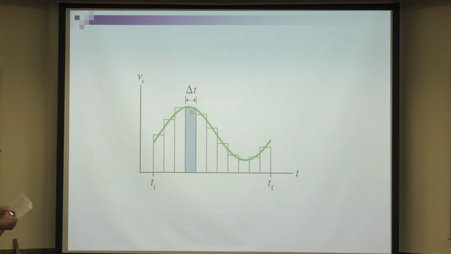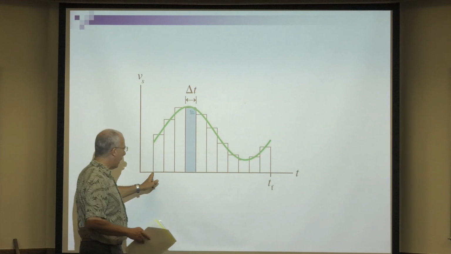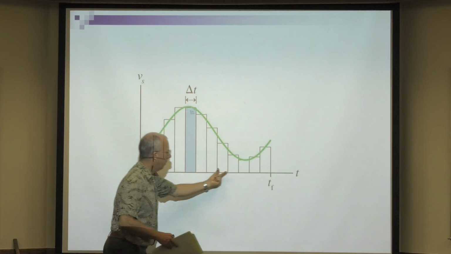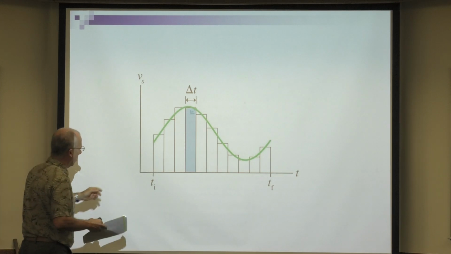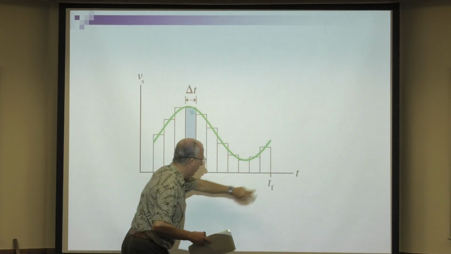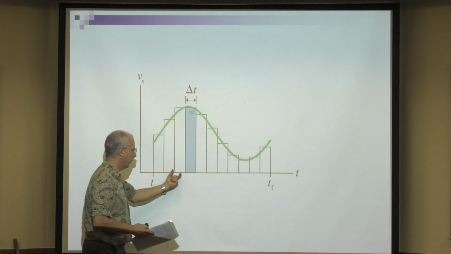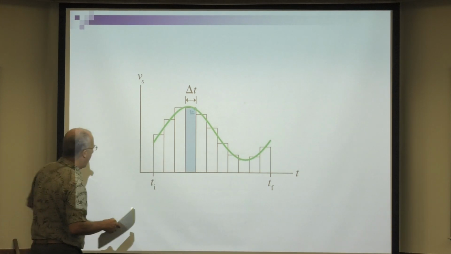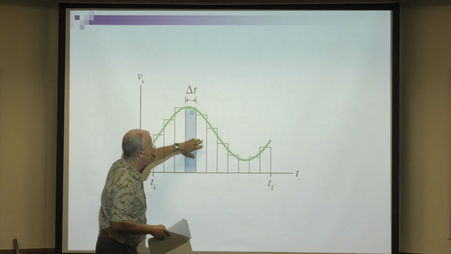So what you do, you divide this region of time into little pieces. You divide t final minus t initial into little intervals, and you make each of these a rectangle.